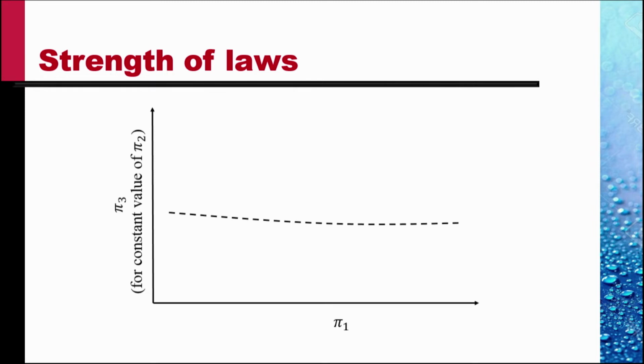Let us suppose that a phenomenon is controlled by three pi numbers, pi 1, pi 2, and pi 3. Let's study the variation of pi 3 with pi 1 for constant values of pi 2. If the behavior of pi 3 with respect to pi 1 is as shown by these broken lines, this means this is a weak law.